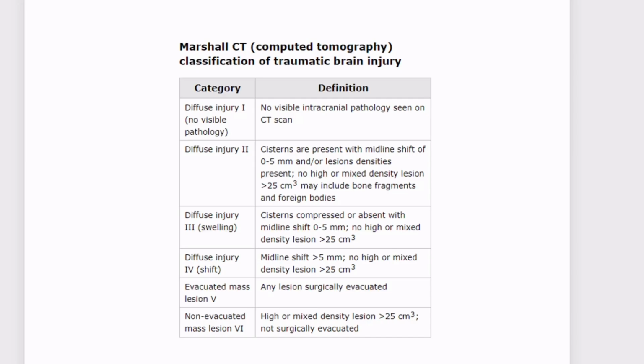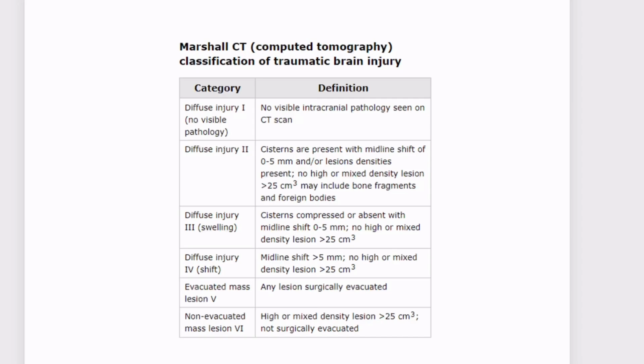The fourth category is diffuse injury 4, where there is a midline shift of more than 5 mm and no high or mixed density lesion more than 25 cubic centimeters. The fifth category is evacuated mass lesion, where any lesion is surgically evacuated.